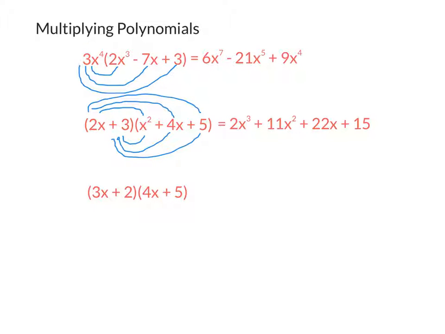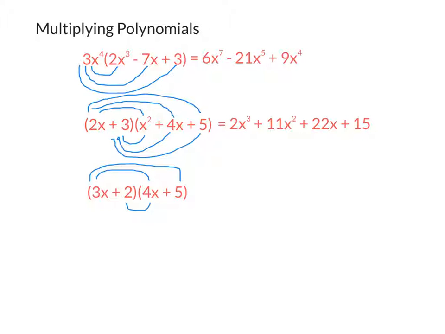F-O-I-L, okay? So if we are FOILing, we multiply, the F stands for first term, so we're going to multiply the 3x times the 4x. O, outside terms, so we're going to multiply the 3x times the 5. I, the inside term, so we're going to multiply the 2 times the 4x.